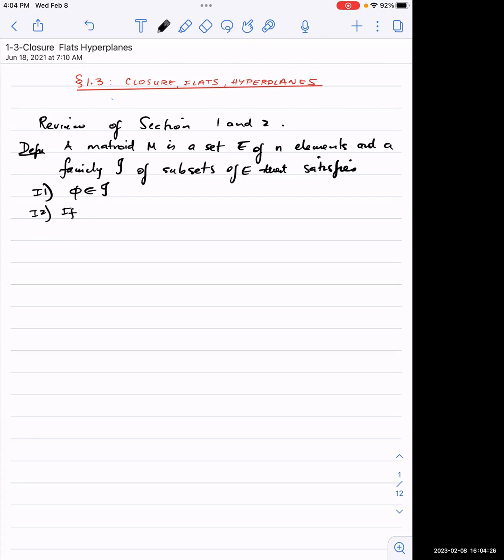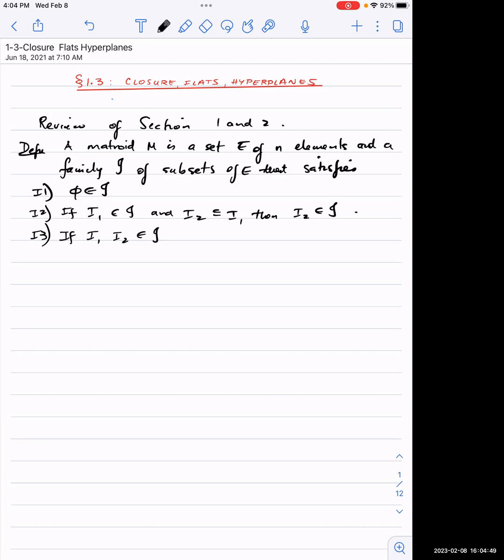I2: if I1 is independent, and I2 is contained in I1, then I2 is also independent. And the third one, that's the really meaningful one, and the axiom that Whitney captured about matrices.